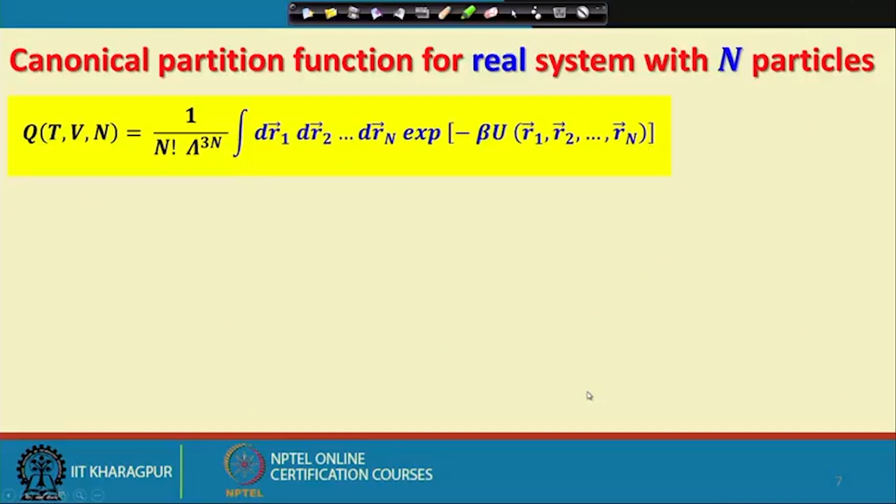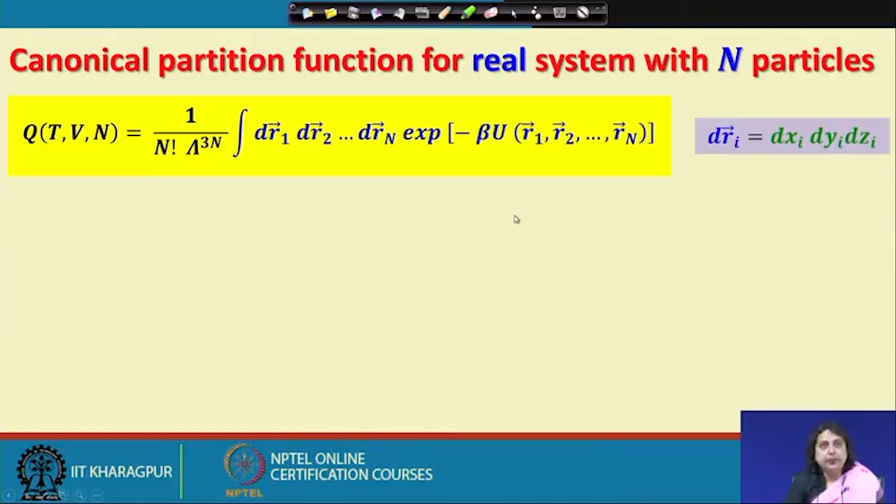Now, once I understand this, I realize that the major difference from the ideal gas case appears because of the non-trivial dependence of this integrand on the positions of the capital N particles present in the system, through the appearance of the potential energy term.